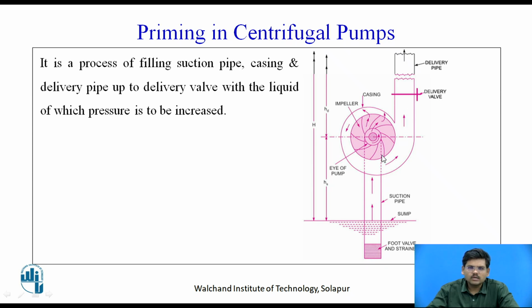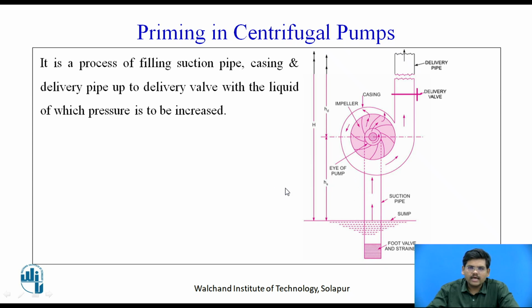This is the total area that we need to fill with the fluid we need to lift with the help of the centrifugal pump. When you fill this completely, the desired head will be developed and the fluid will be sucked to reach the desired location. Unless the desired head is achieved, the suction will not happen.